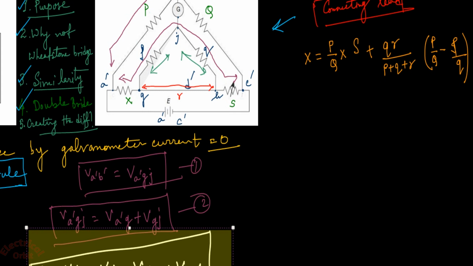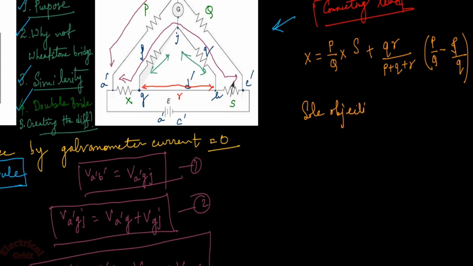Now here the very important thing that we have to understand is that our sole objective is to measure the value of X, not R, because this is the unknown resistance X and it is a very small value.